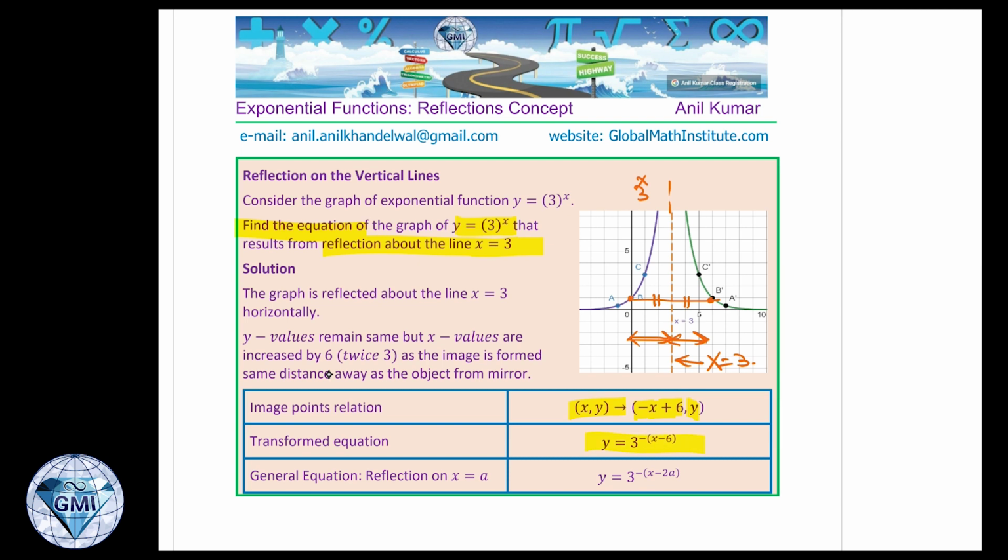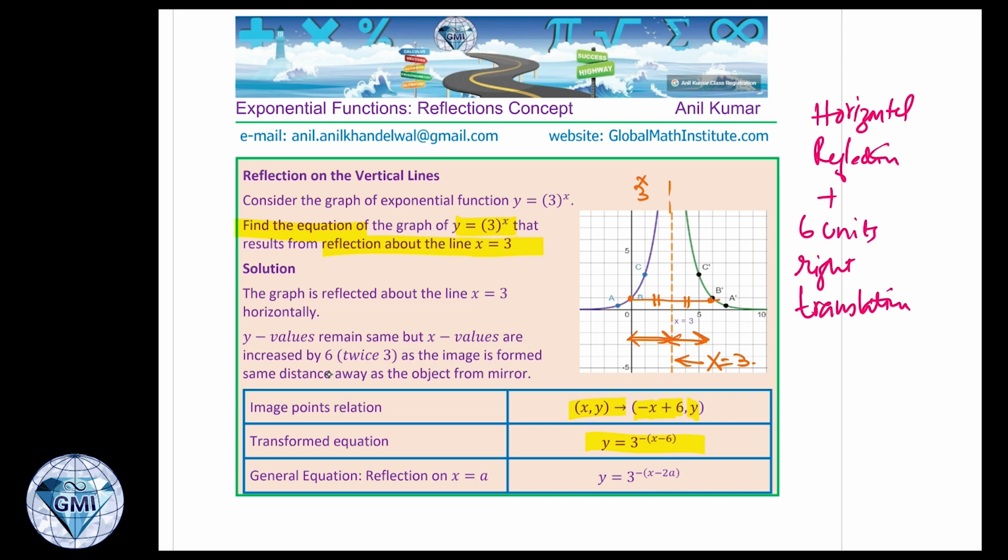Well, since it is a horizontal reflection, let me write down here, it is a horizontal reflection, right? Plus, it is a translation of 6 units, as we saw, right? 3 times 2.